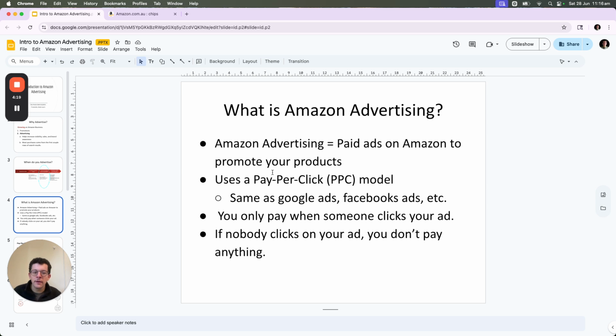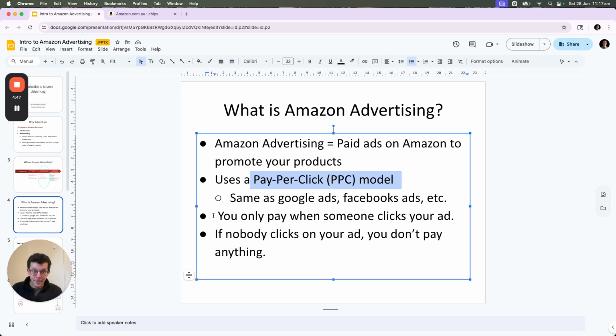If you've used Google Ads or Facebook Ads, it's the same mechanism. Obviously the interfaces and details are very different, but the same underlying mechanism of pay-per-click. If you haven't used the others, it doesn't matter, but that's the industry-wide terminology.